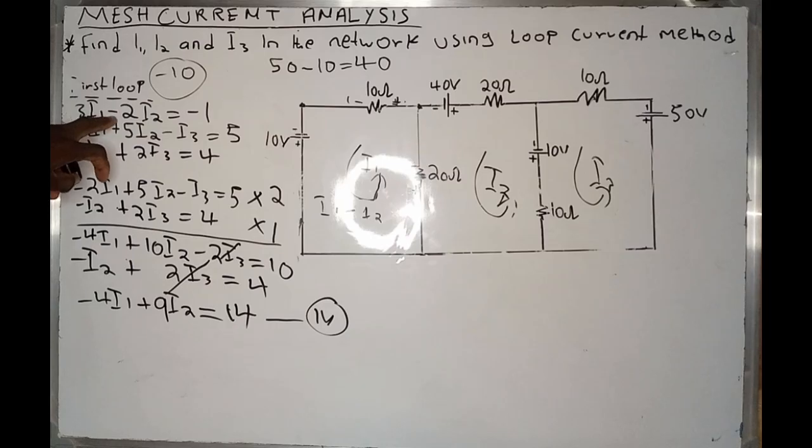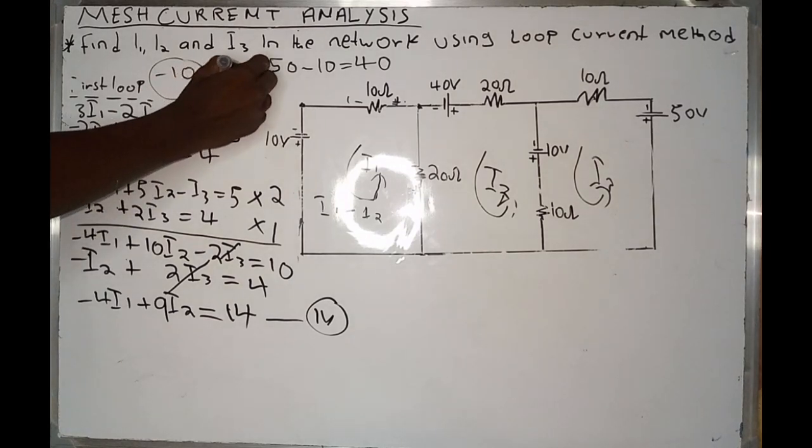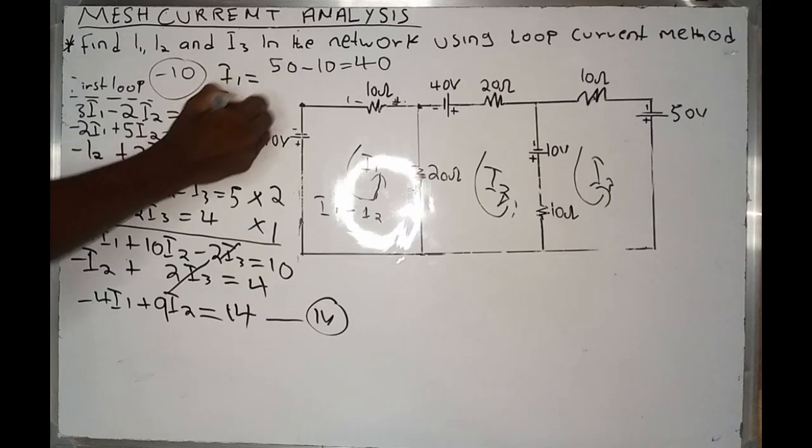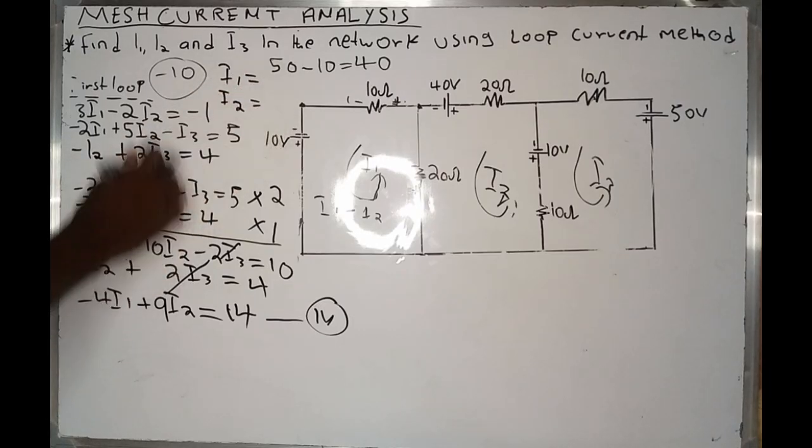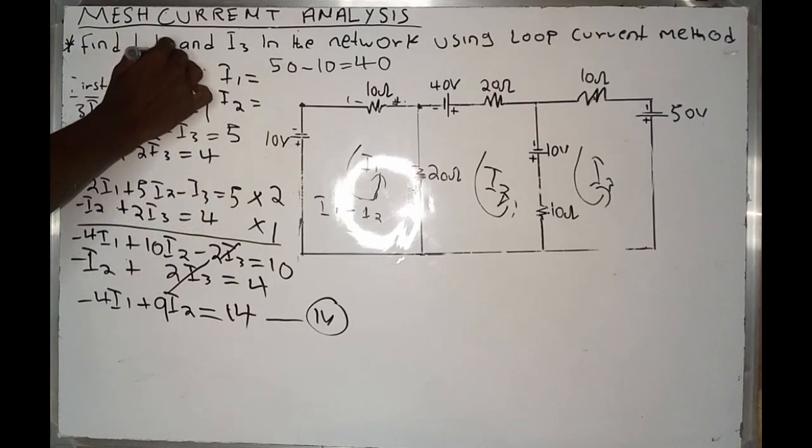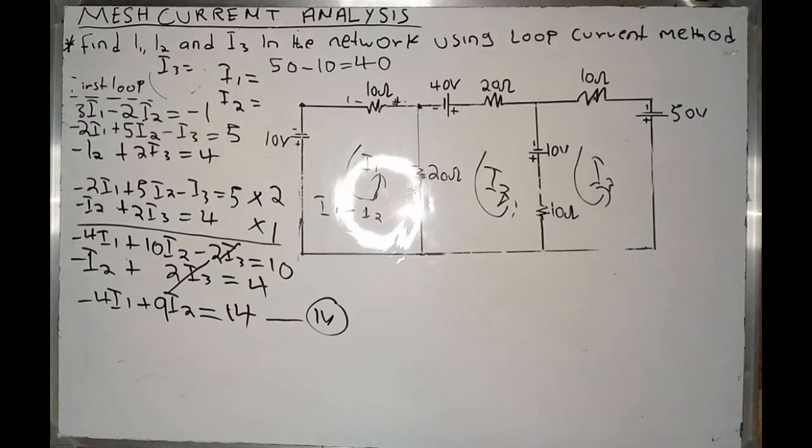From my first equation, I have I1 and I2. So I have to add this equation and this one in order to find the values of I1, I2 and I3. All this we are doing is to find the value of the first current, the second current and the third current.